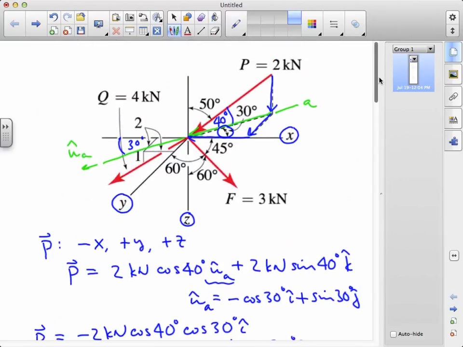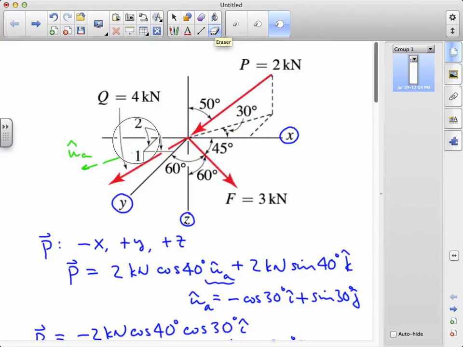Now if we return up to the figure, I'm going to delete some of the things that I've highlighted here around P so I can clean up my figure a little bit and we can focus on the other vectors. So for Q, we can see that its orientation is similar to the orientation for P. It's going to have a negative x component and positive y and z components. So let's just make a note of that.